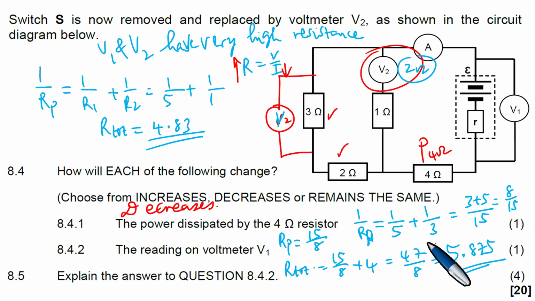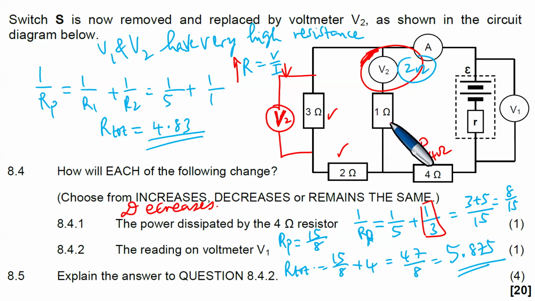Because in this other example here, we decided to say the 1 ohm and the 2 ohm resistor, we added them together, because these 3 and 2 are in series.